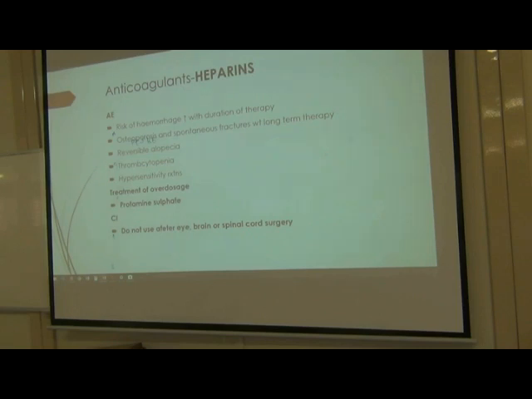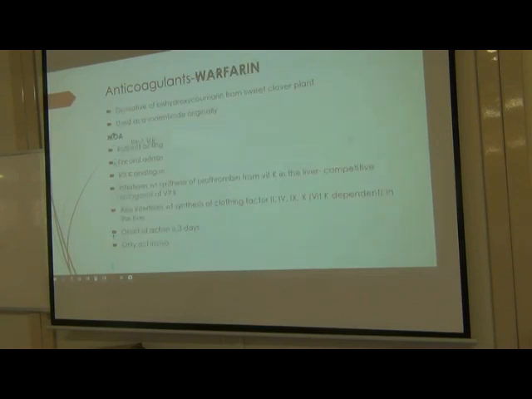Hypersensitivity reaction is another adverse effect of heparin. If a patient has had an overdose of heparin, protamine sulfate is the drug of choice. It's contraindicated in eye, brain, or spinal cord surgeries.